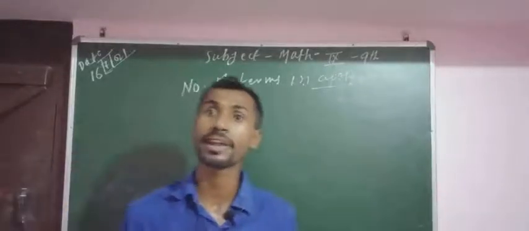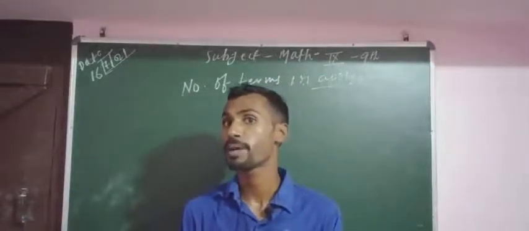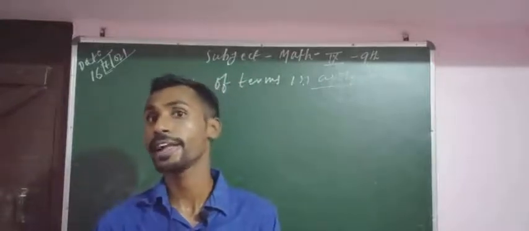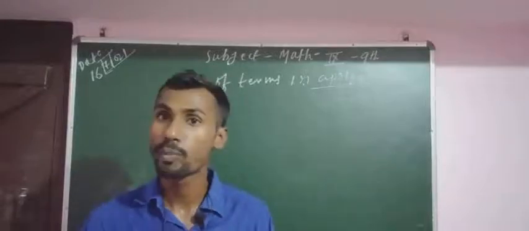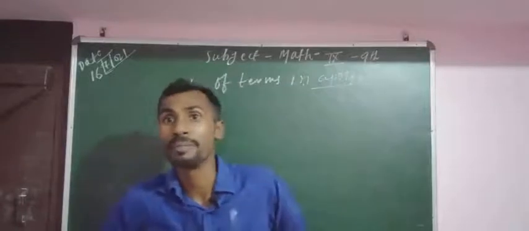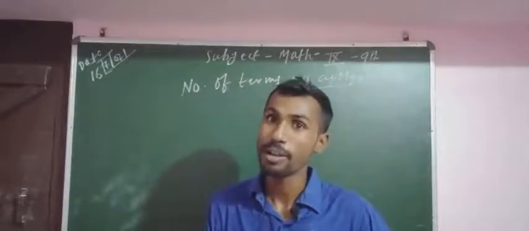If the variable contains power 1, the degree of the polynomial is 1. If the variable contains power 2, the degree is 2, then 3, 4, and so on. So the maximum power of the variable is the degree of the polynomial.